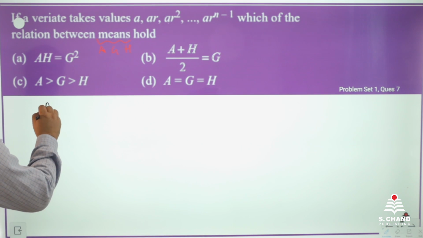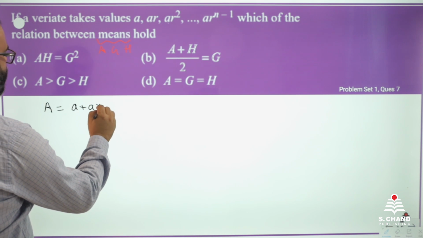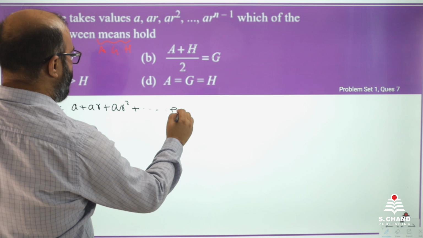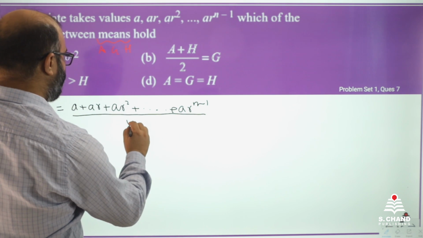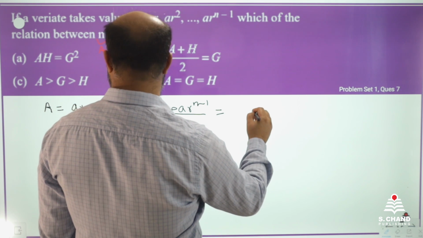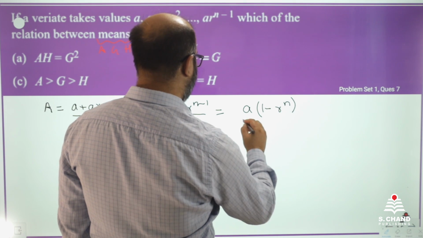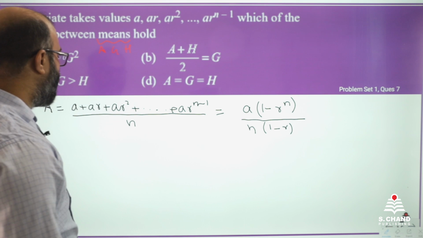First of all, it will be the addition of all of them, a plus ar plus ar square till ar to the power n minus 1, upon n. That would be the sum of a GP, which is a into 1 minus r to the power n by 1 minus r, into n in the denominator.